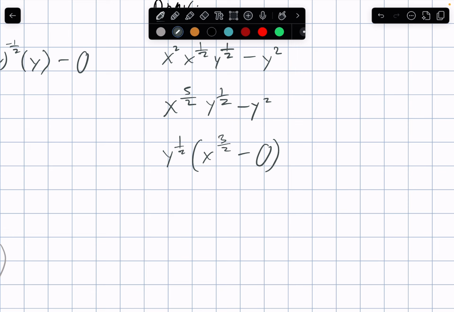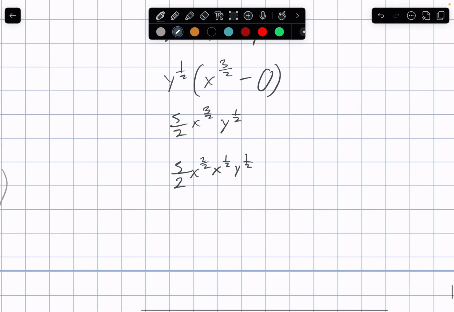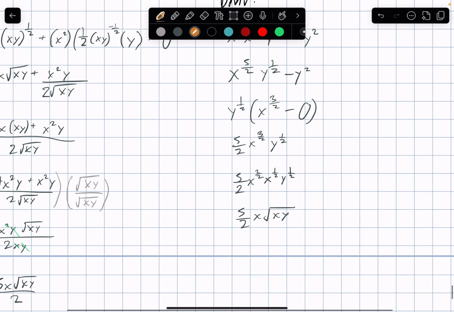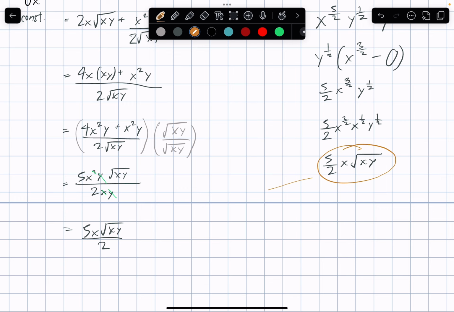Huh, that's weird. It becomes raised to 3 over 2. I can't really explain much on that. Okay. So essentially, they're the same thing.